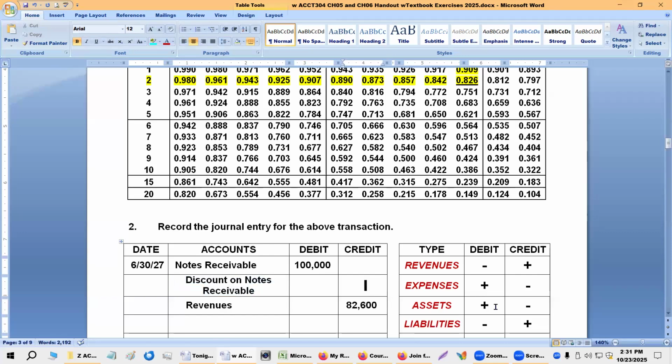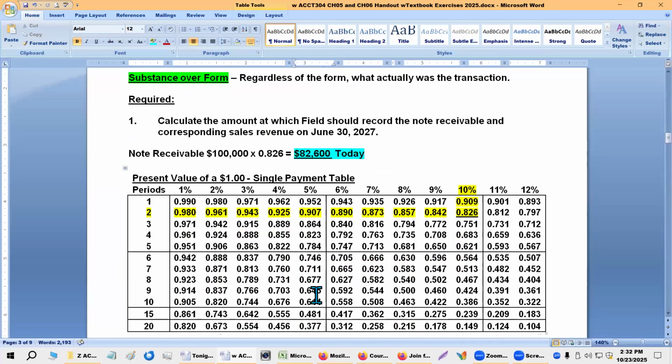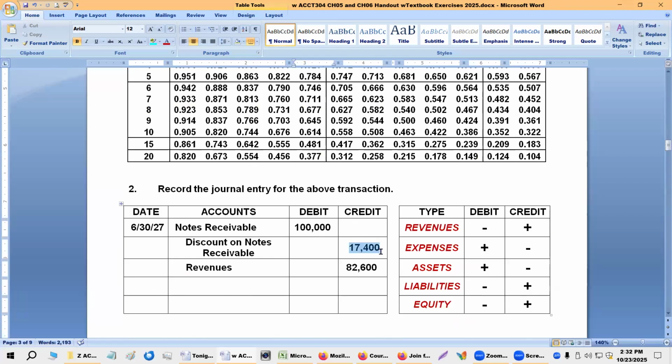I better use Mr. Calculator. 17,400. Now this discount on notes receivable will eventually become interest revenue. Notice it's not revenue from making the sales on this merchandise, it's revenue from interest. And it's considerable. 17,000 of this deal is interest.